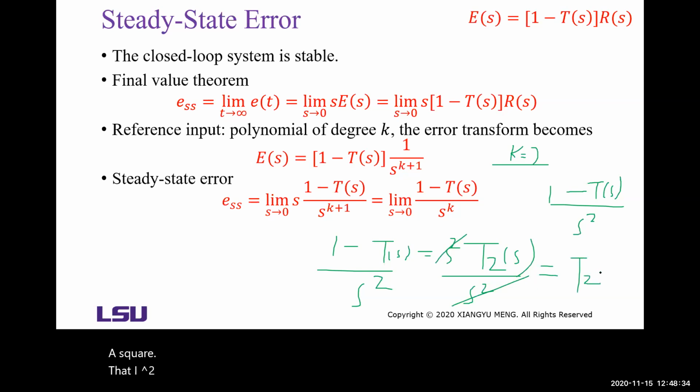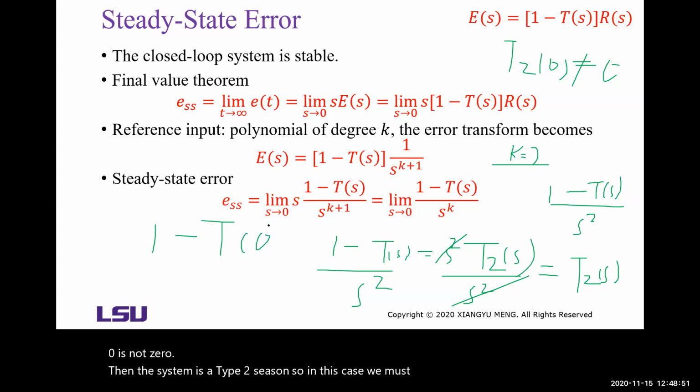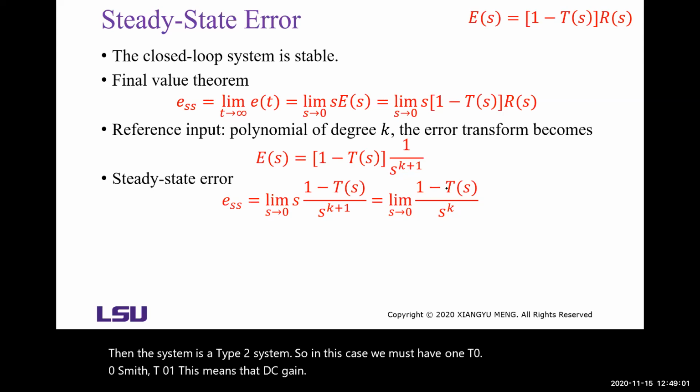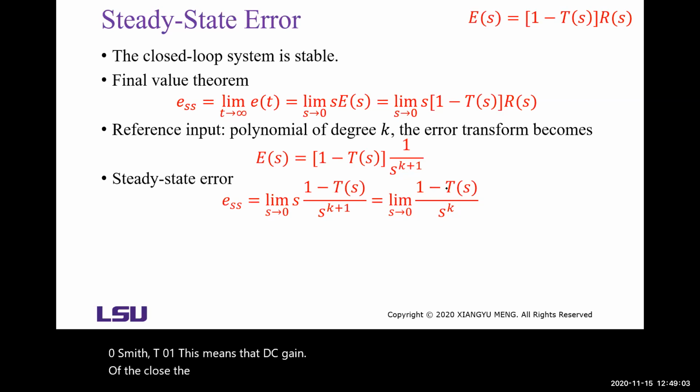We have s squared times T2(s), then T2(0) is not 0. Then the system is a type 2 system. In this case, we must have 1 minus T(0) equal to 0. This means T(0) is 1, which means the DC gain of the closed loop system is 1.